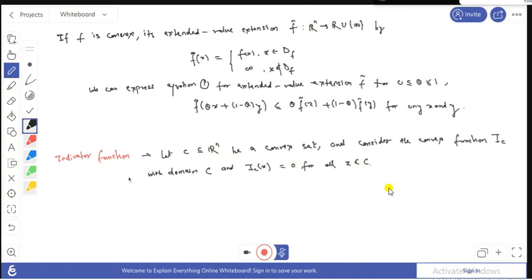So this is your indicator function, and we are interested to find the extended value extension of this indicator function.